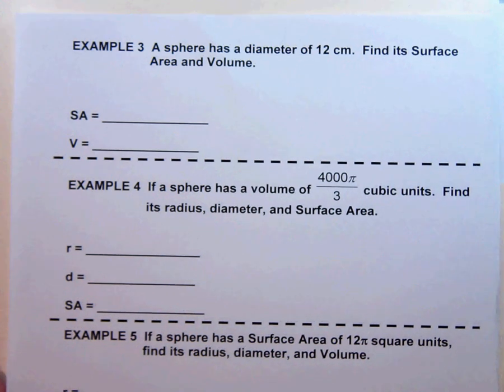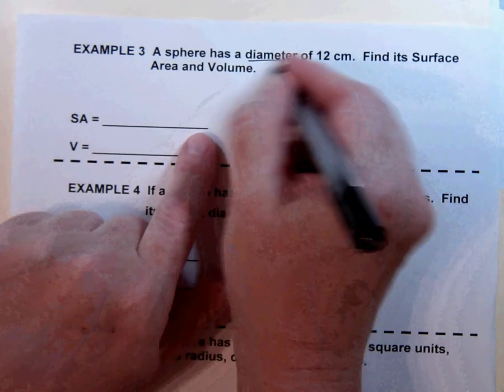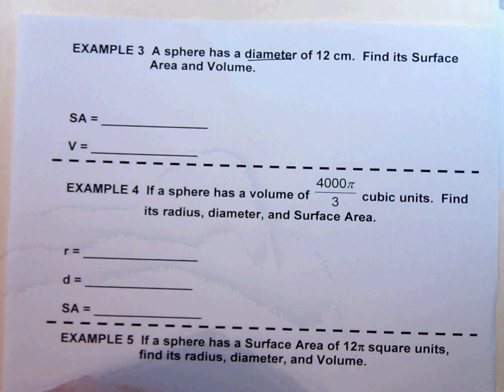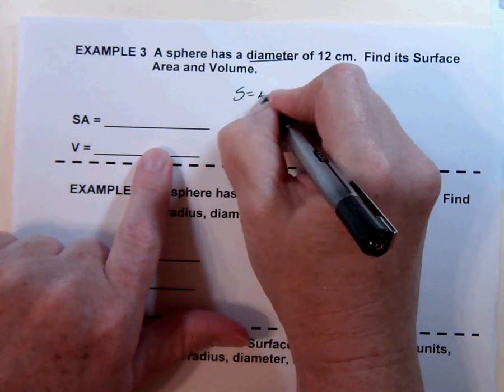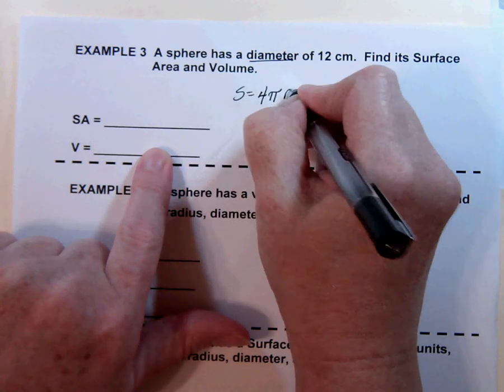Example 3. Alright, notice that this time they want the diameter, so we're going to have to do the radius first and then find the diameter. So to do this one, for surface area, it's 4 pi times radius squared.